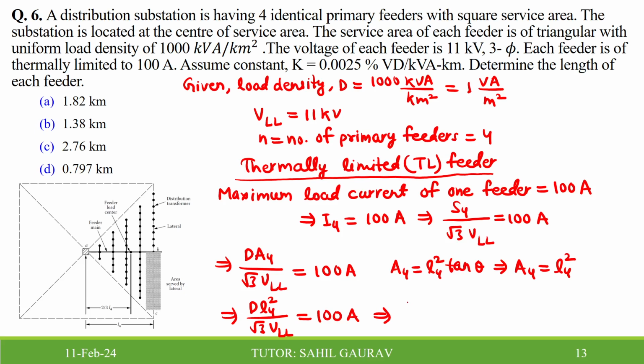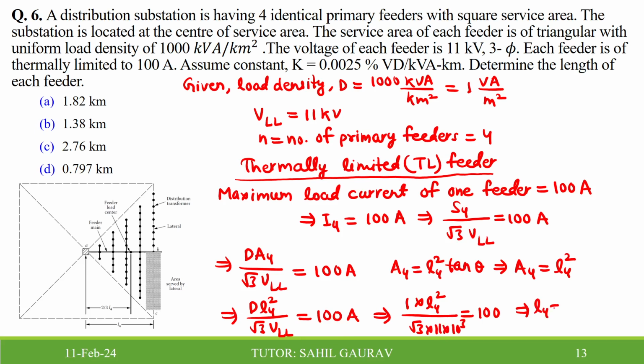So D is given as 1 volt ampere per meter square. It is multiplied with L4 square divided by root 3 times VLL equal to 100, and VLL is given as 11 kV, 11 into 10 to the power 3.